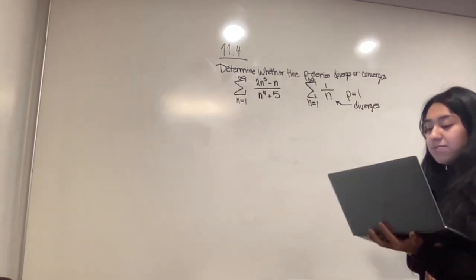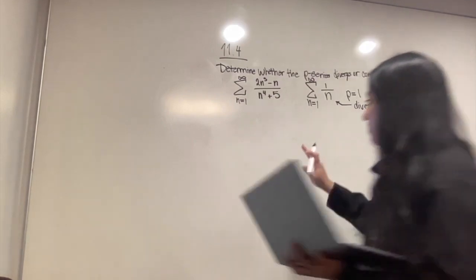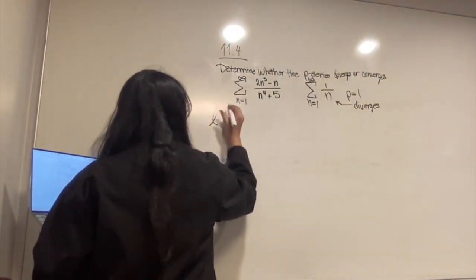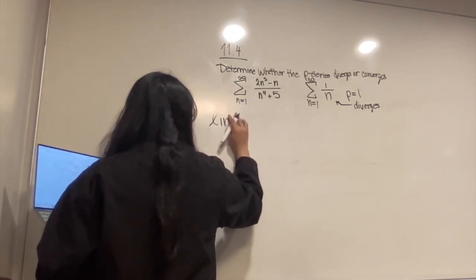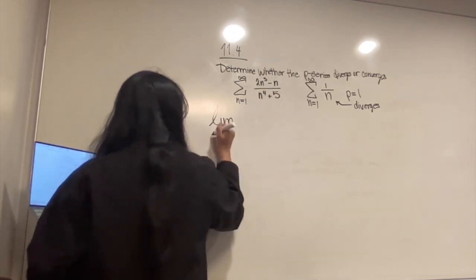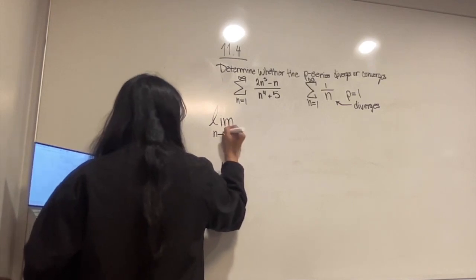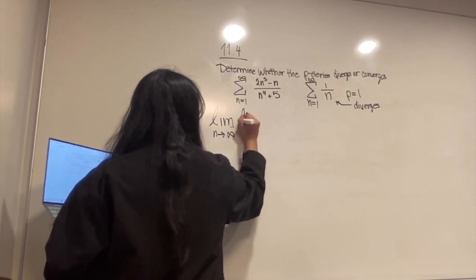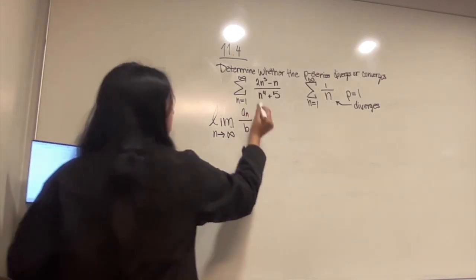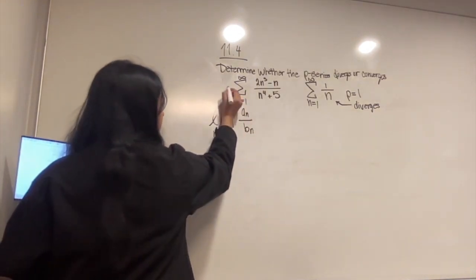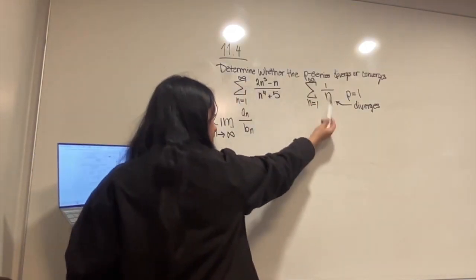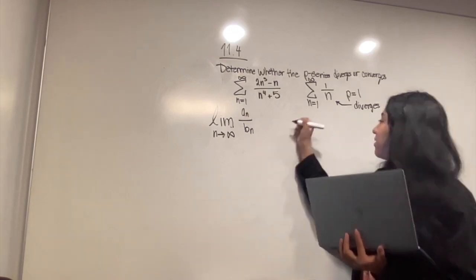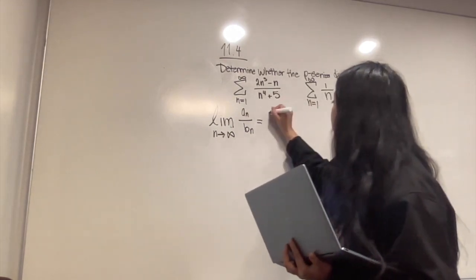Okay. So we're going to use, again, the limit comparison test. So I'm just going to find the limit as n approaches infinity of a sub n over b sub n. We're going to let this one be a sub n, and this simple series will be b sub n. So let's just quickly do that.